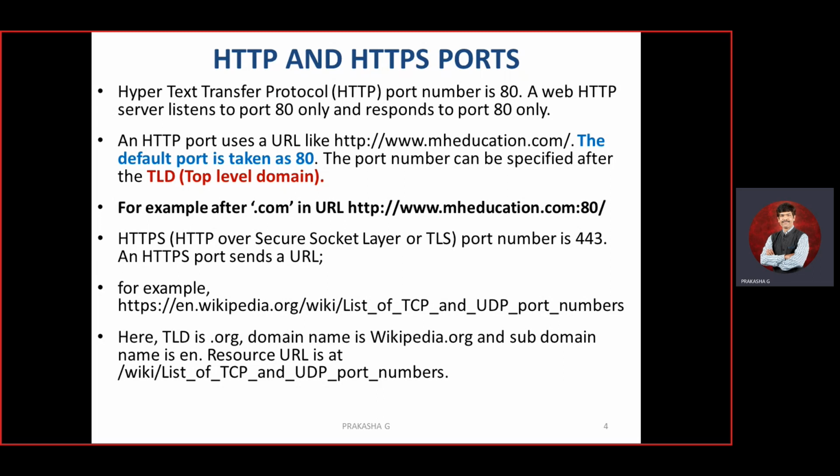Okay. An HTTP port uses a URL like any URL. It may be .com, it may be .org, it may be .in. Any other one? .uk. Correct? If you want to access an Australian website, there are different extensions. Okay, .in, Amazon.in, that is Indian. Okay, Yahoo.in, Indian only.